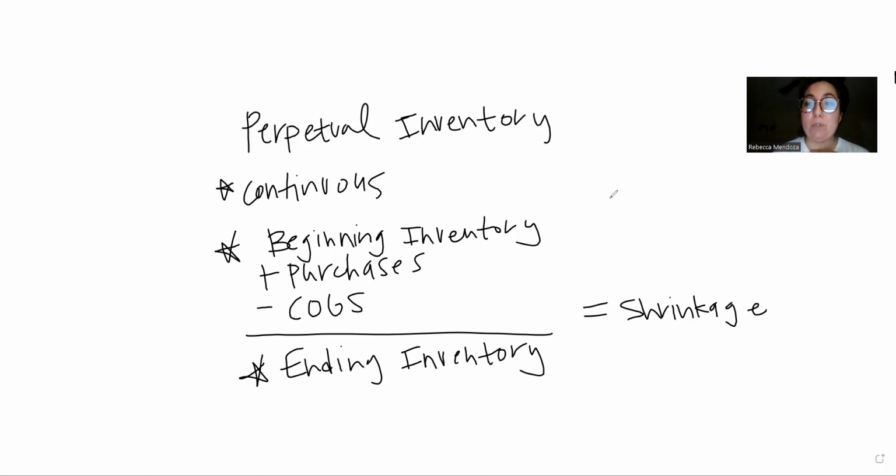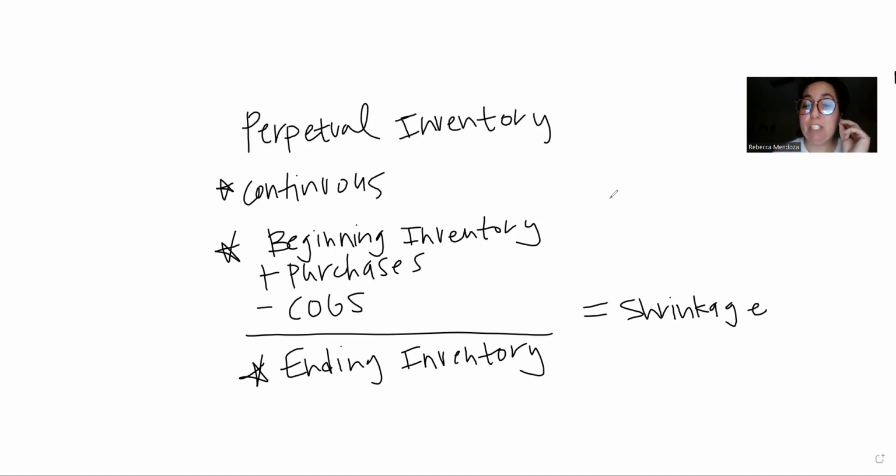So ideally, we would want what we physically count and what we have in our books to be exactly the same. But unfortunately, the odds of that happening is not exactly going to happen. So we will have shrinkage. Again, that's due to theft or damage.